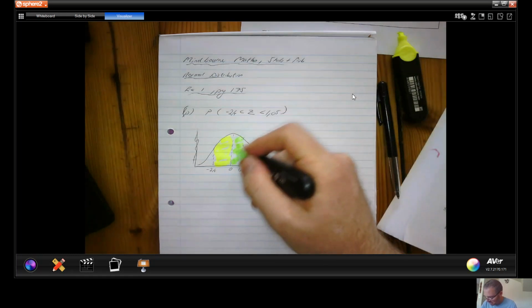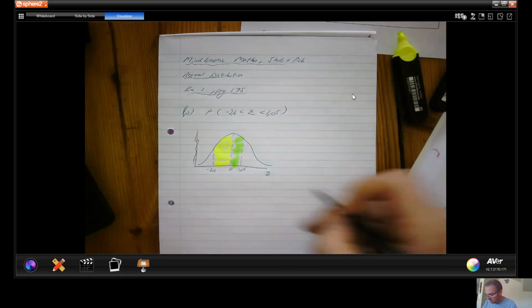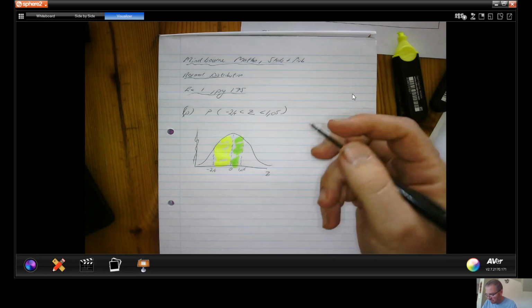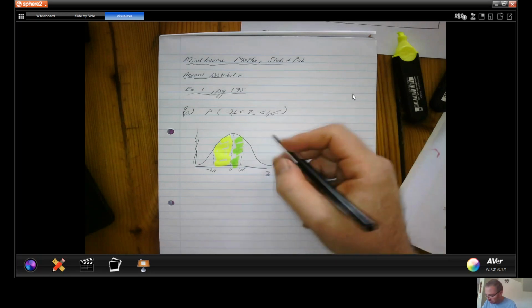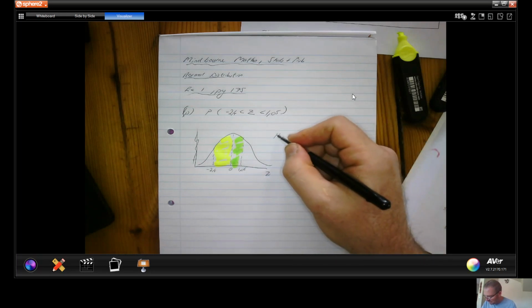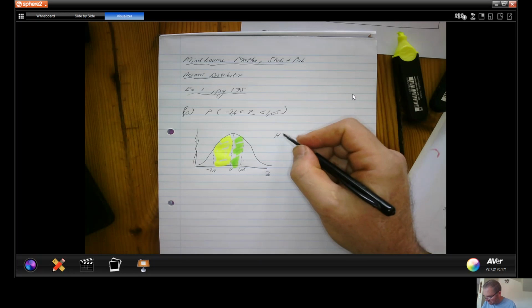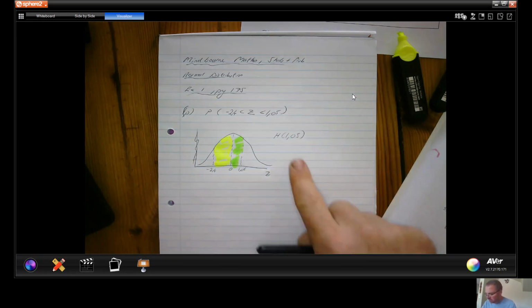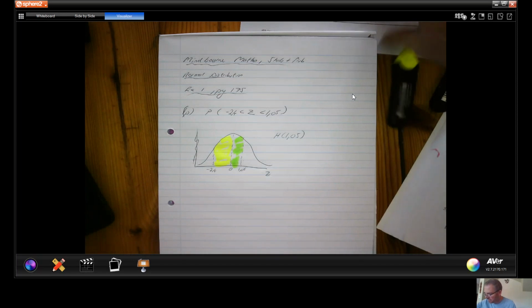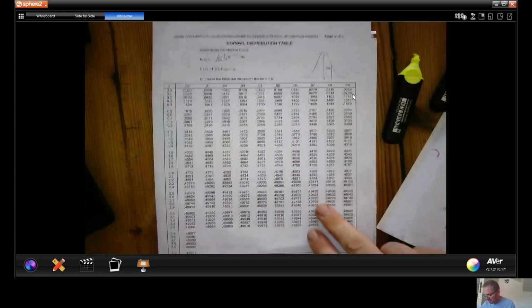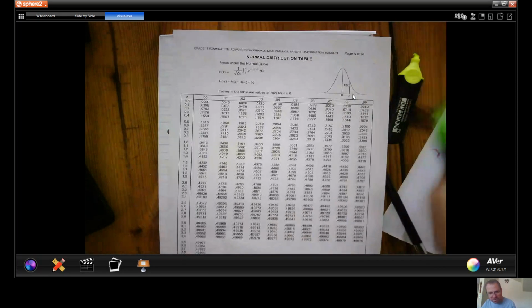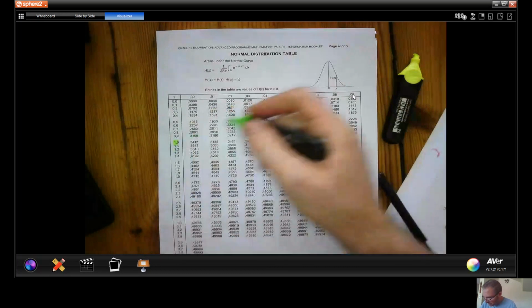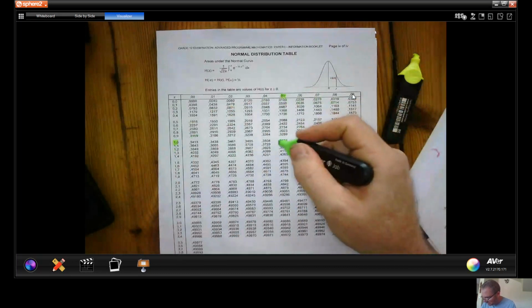So if we do this bit over here first, we don't have to go find X scores. We're just going to use H of Z values. So we're looking for H of 1,05. A Z score of 1,05. Well, that we can read straight off the table. 1,05 is that point over there.